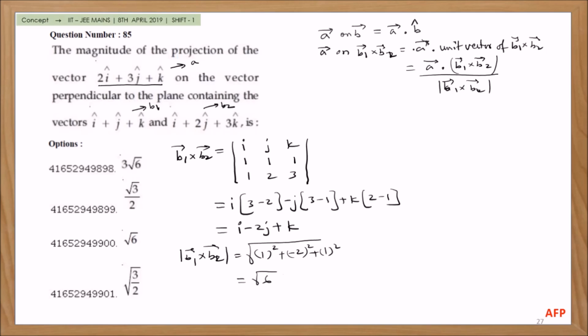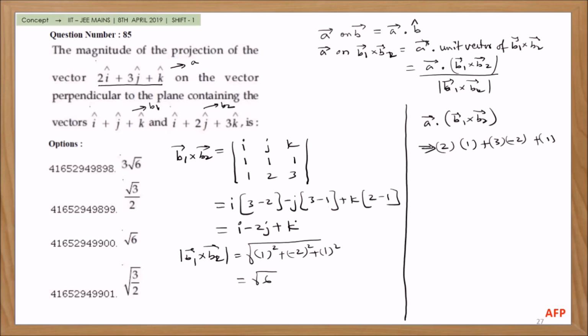Next you have to find the dot product, A dot B1 cross B2. The dot product is nothing but 2 into 1 plus 3 into minus 2 plus 1 into 1, which is nothing but 2 minus 6 plus 1, which is minus 3 you got.